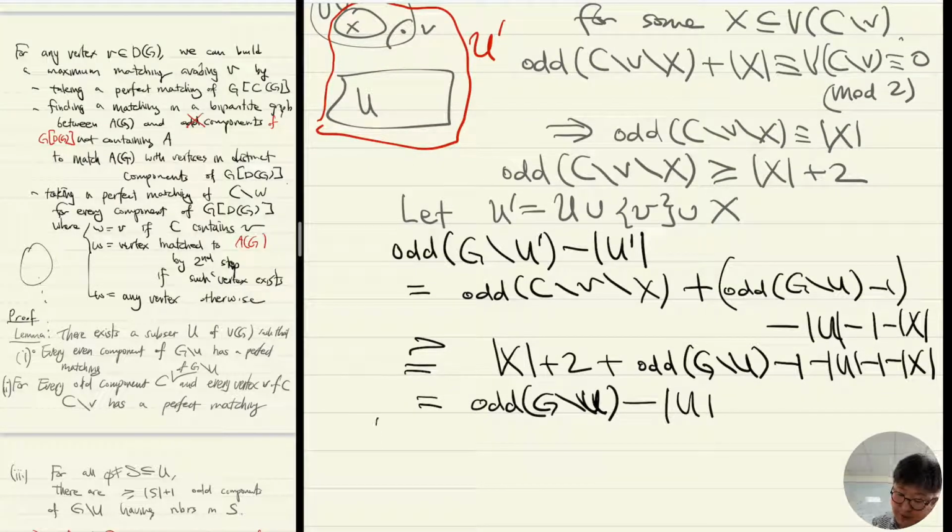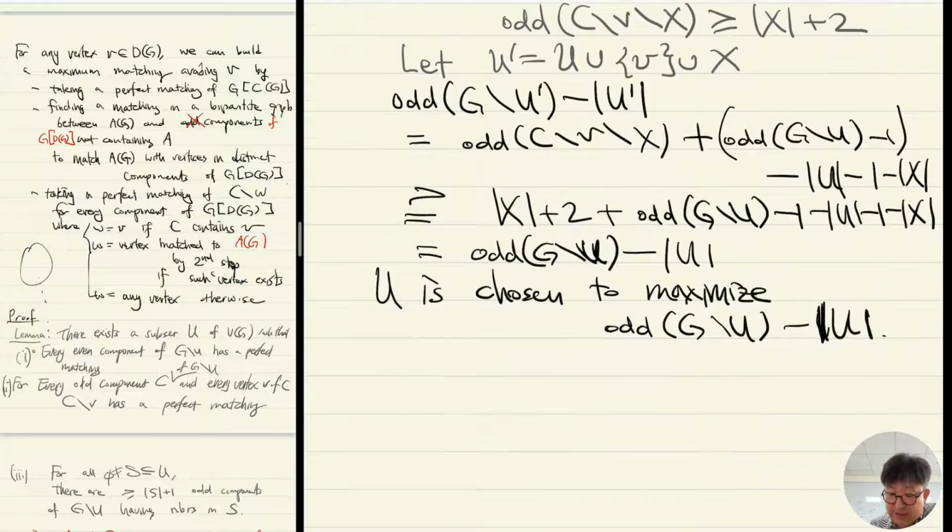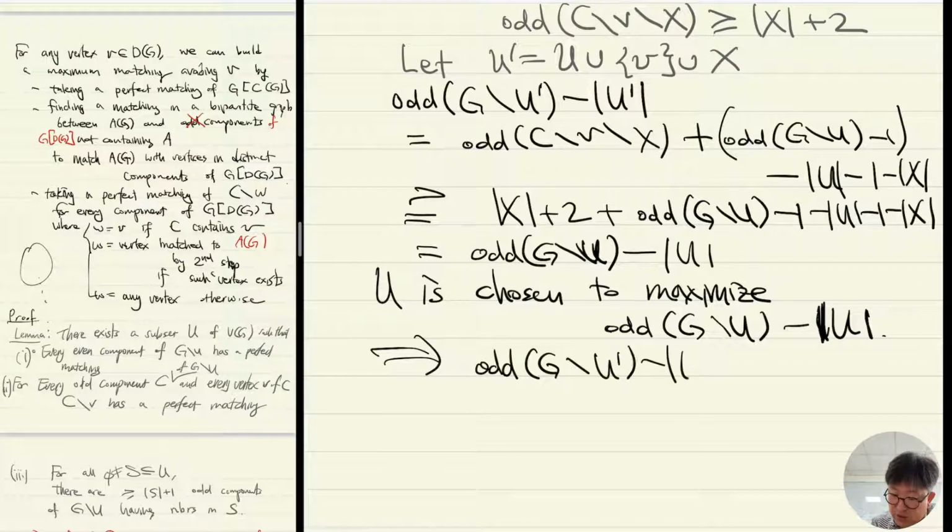Remember that U is chosen to maximize the number of odd components minus the size of the set, because that's what Tutte-Berge formula is. So that means the number of odd components of G delete U prime minus U prime is still equal to the number of odd components of G delete U minus U.